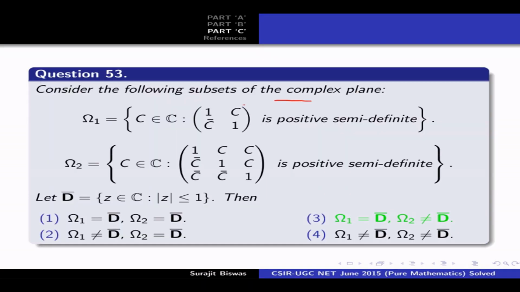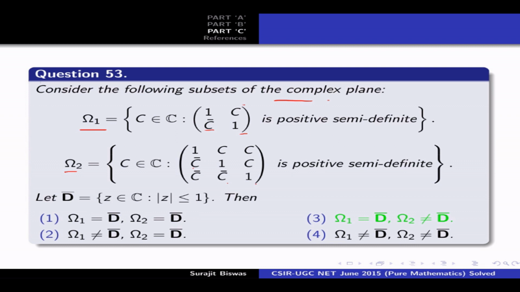Next problem, question 53. Consider the following subsets of the complex plane. First is Omega 1. Omega 1 is the collection of all complex numbers c so that the matrix [[1, c],[c bar, 1]] is positive semi-definite, and Omega 2 is the collection of complex numbers c so that the matrix [[1, c, c],[c bar, 1, c],[c bar, c bar, 1]] is positive semi-definite.